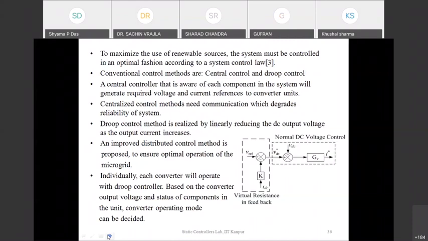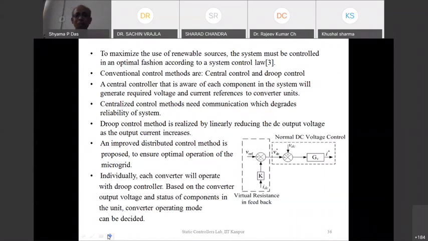We call them parallel operation. When we connect many voltage sources in parallel, we call them parallel operation of the voltage sources.